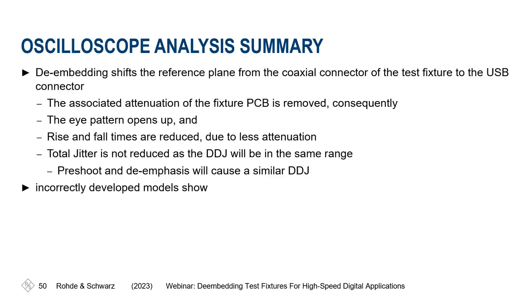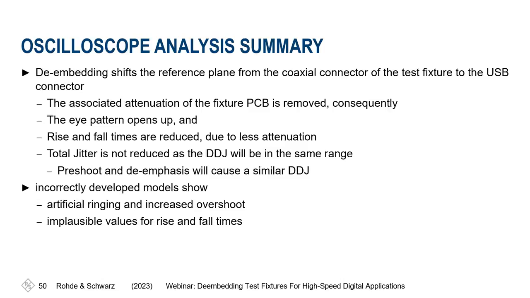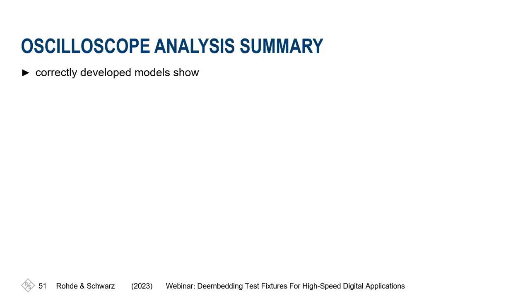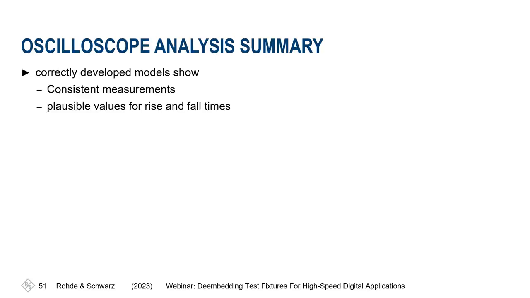Incorrectly developed models show artificial ringing and increased overshoot, and implausible values for rise and fall times. The symmetrical 2x is an example for this. Now, looking at the good models, correct models show consistent measurements, plausible values for rise and fall times, and a smooth DDJ histogram.